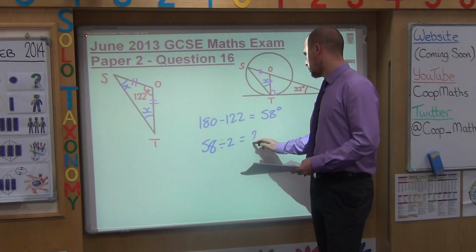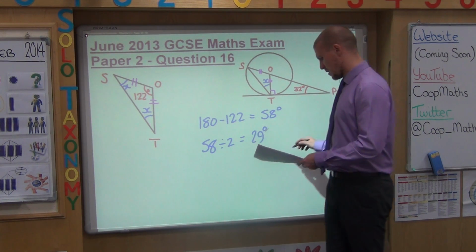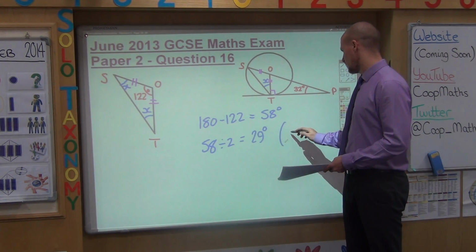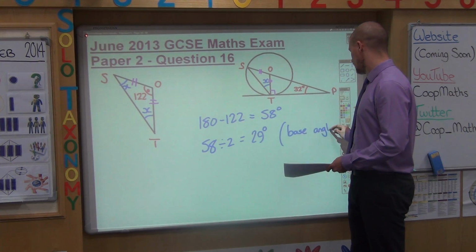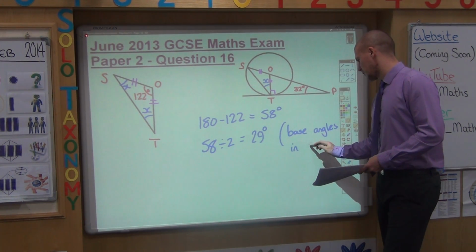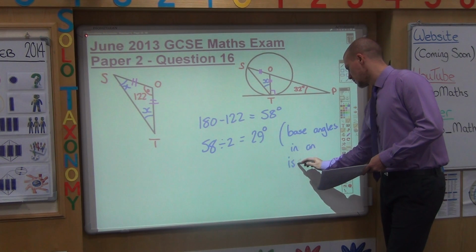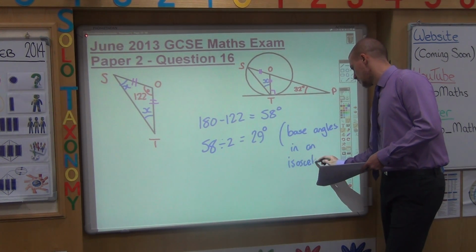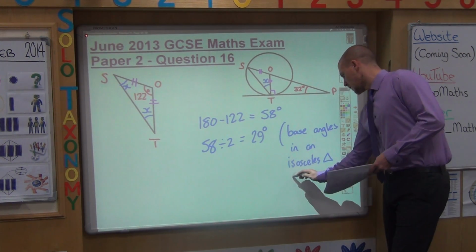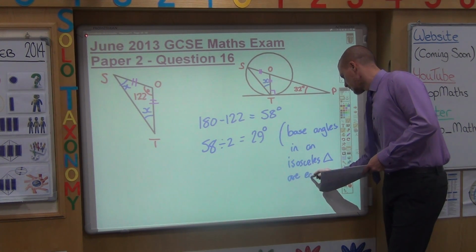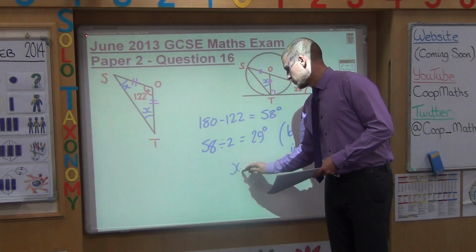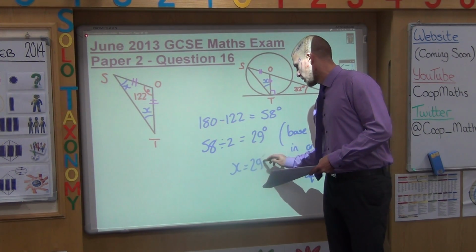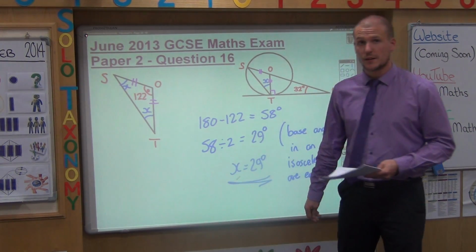So I get 29 degrees from this, and it's because base angles in an isosceles triangle are equal. And of course, x is one of those base angles. 29 degrees is your answer.